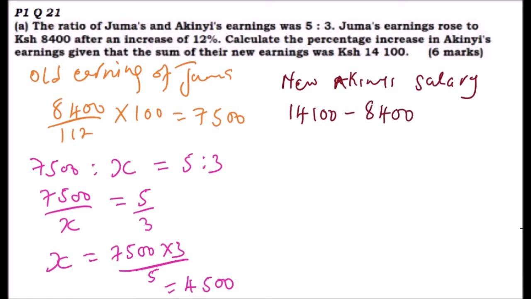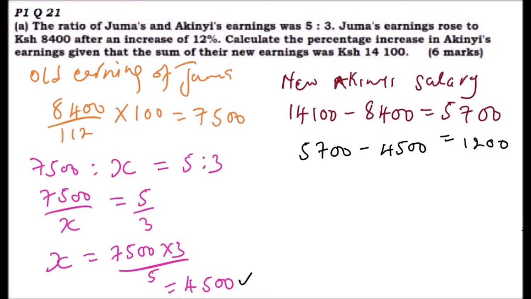That is the new salary. Using your calculator, you get this is 5,700. So the increase is, since she was earning 4,500, you minus 4,500 from 5,700, so you find the increase is actually 1,200.